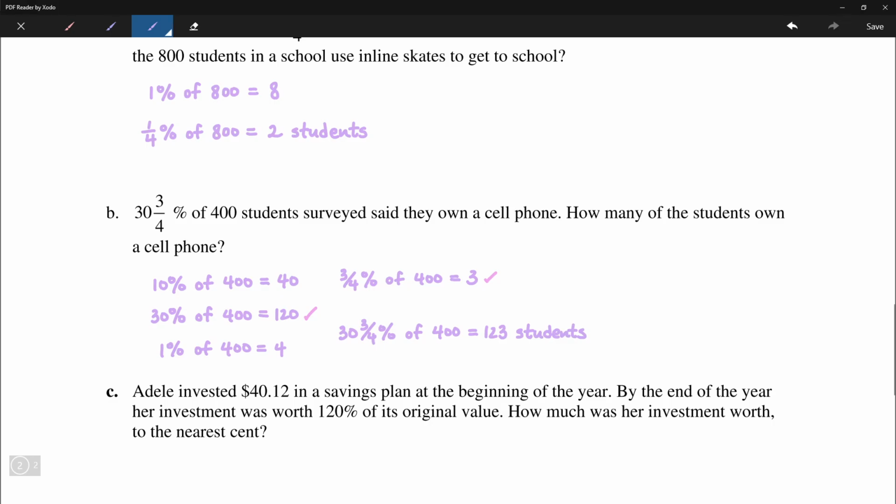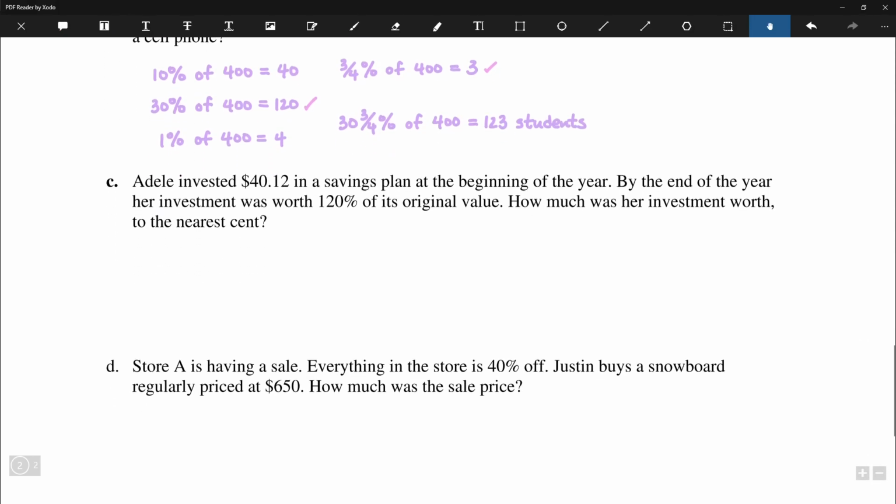Okay. So in some cases, it's maybe better to use a calculator. So for example, we have a $40.12 savings plan, and it grew 20%. So we're going to take 120% divided by 100% to rewrite it as a decimal, which of course is 1.2.